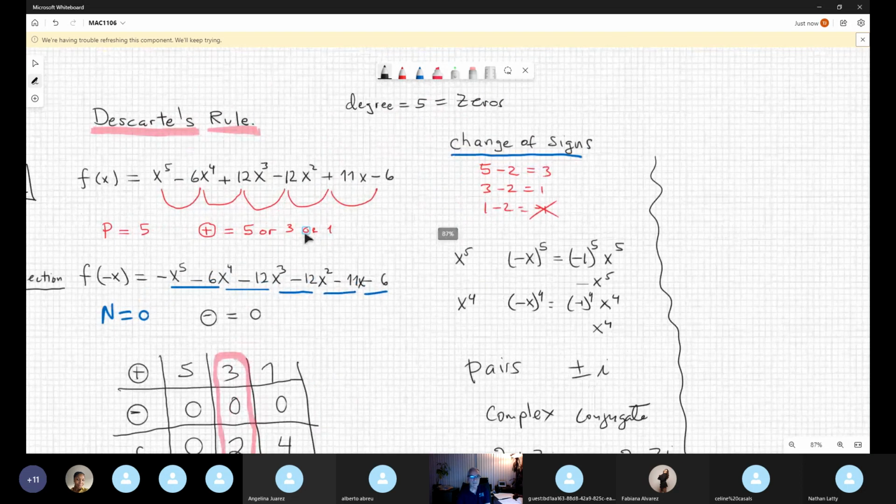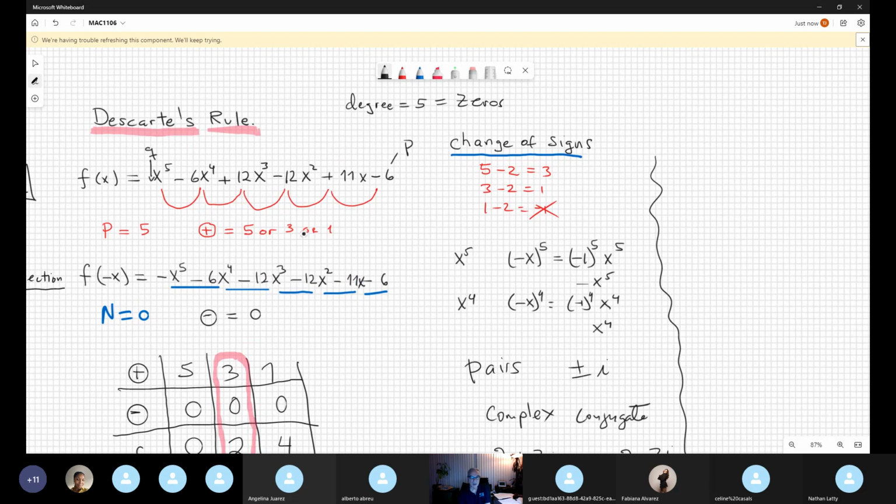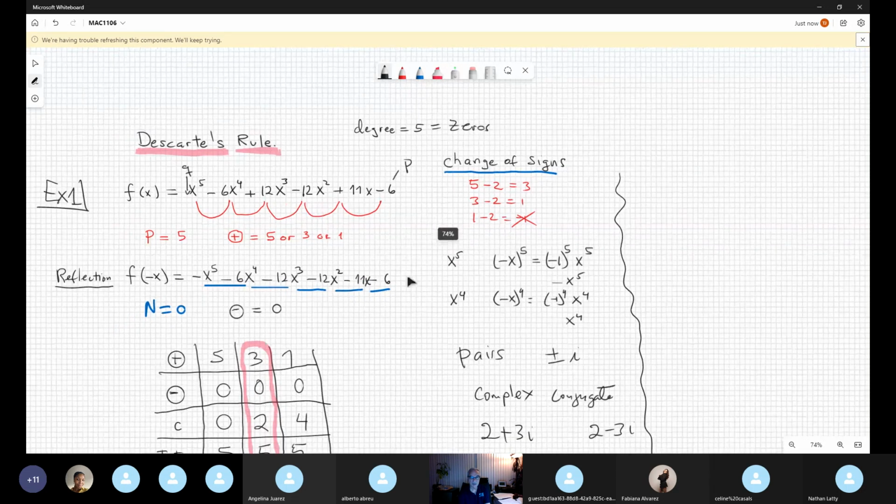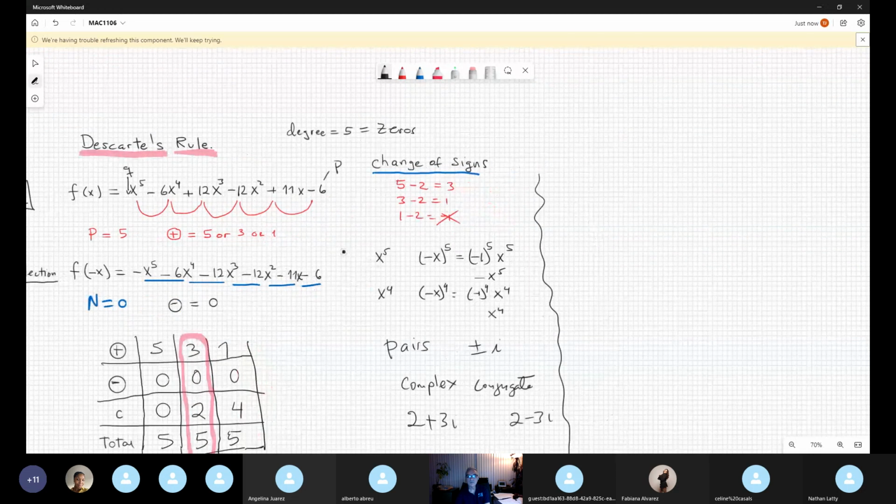Example 1: P is 6, I don't care about negative, and Q is 1. The formula for the rational 0 is plus or minus P divided by Q. In our specific example, it's plus or minus 6 over plus or minus 1.